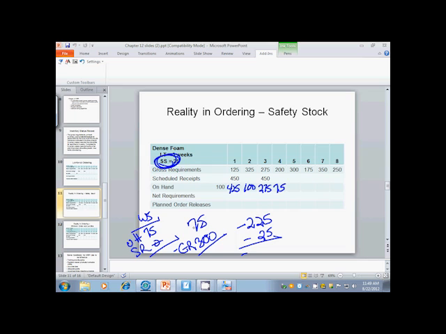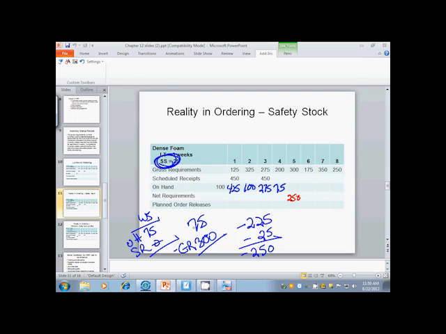So we're actually short 250 units. So in week 5, we have a need for 250 units. We have a need in week 5 of 250 units.